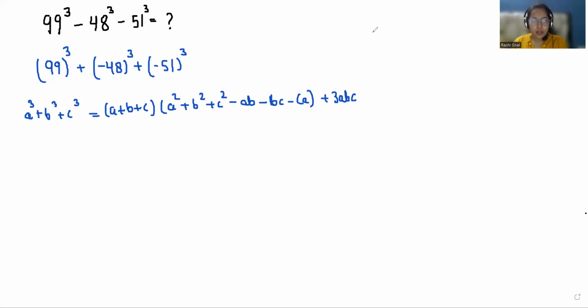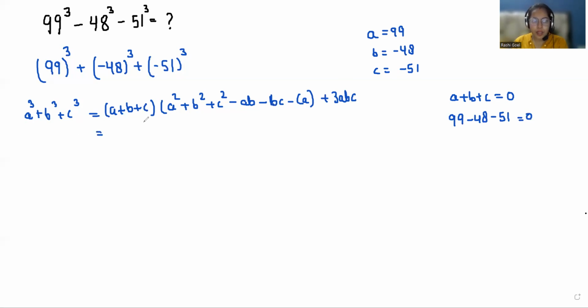So I am taking a equals 99, b equals minus 48 and c equals minus 51. So here our a plus b plus c is equal to 0, because 99 minus 48 minus 51 is 0.